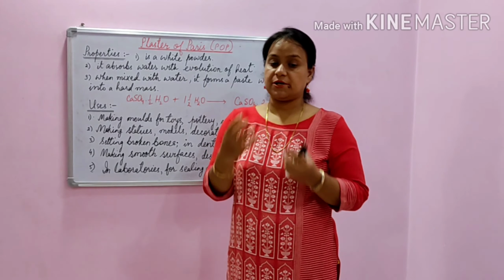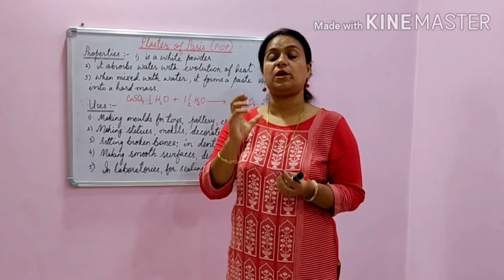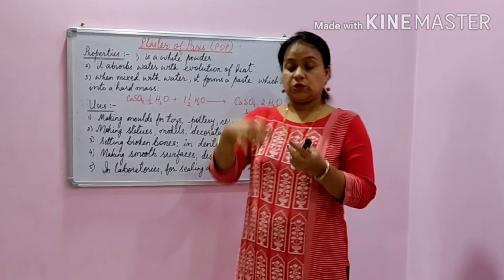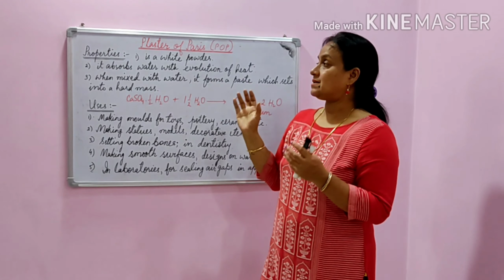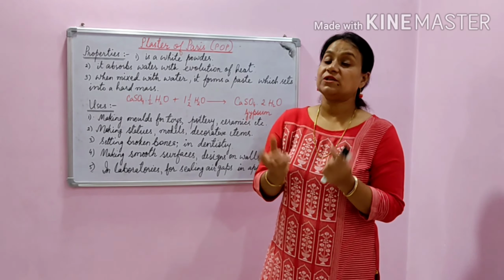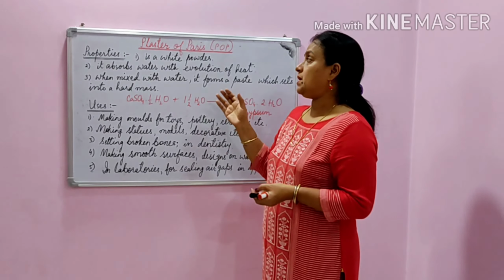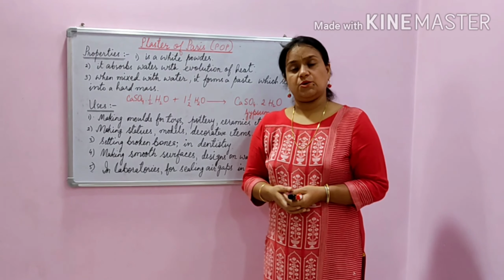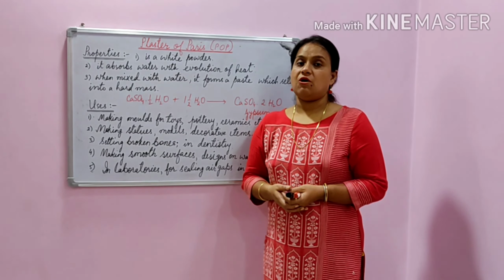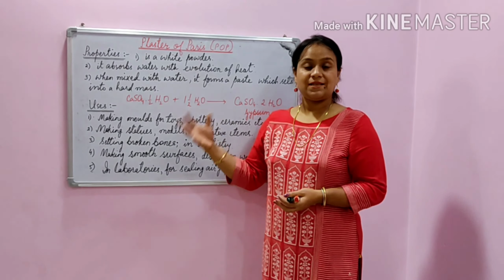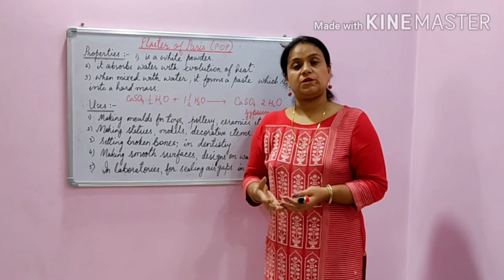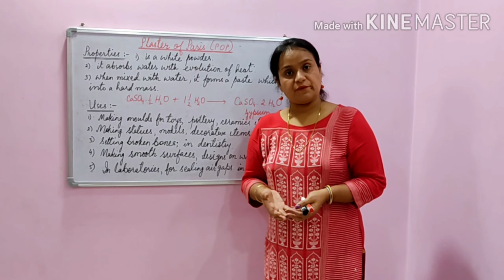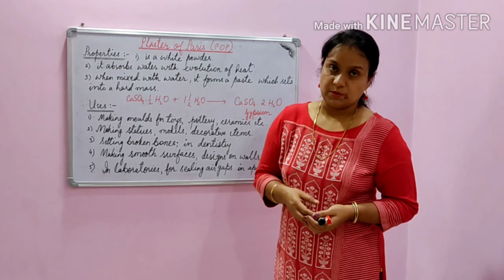Suppose we want to do some experiment where we want to seal the apparatus tightly. So we put the cork, and around the cork we put POP as a sealing material. So POP is a very, very useful compound of calcium. It's a calcium salt and a very important substance from industrial point of view and also as a raw material.